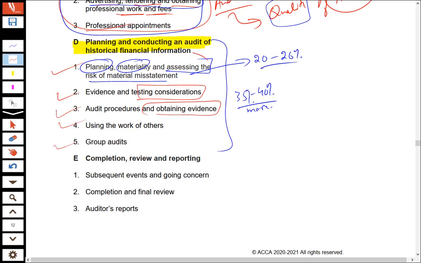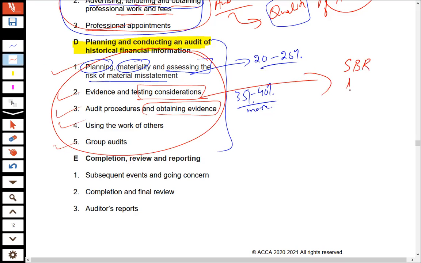Now, this is the specific area where SBR level accounting is needed, not the accounting for paper FR, financial reporting. So I strongly recommend all students attempting AAA to revise paper SBR, not the complete paper, at least a summarized picture of SBR.